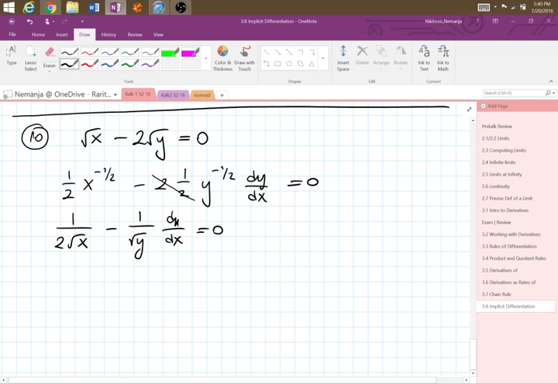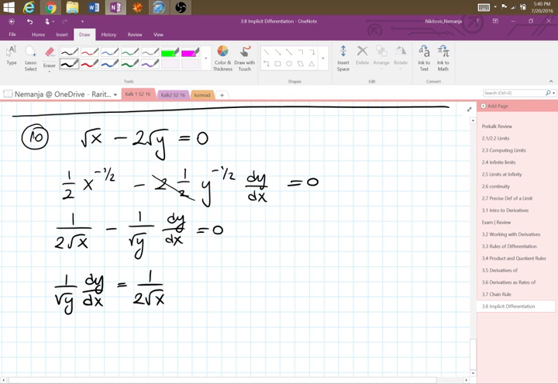And now from this point on is algebra. You have to fish out dy/dx. Use whatever witchcraft you know. It doesn't matter. Just get dy/dx alone. So what do we have? We're going to have 1 over square root of y dy/dx equal 1 over 2 root x.